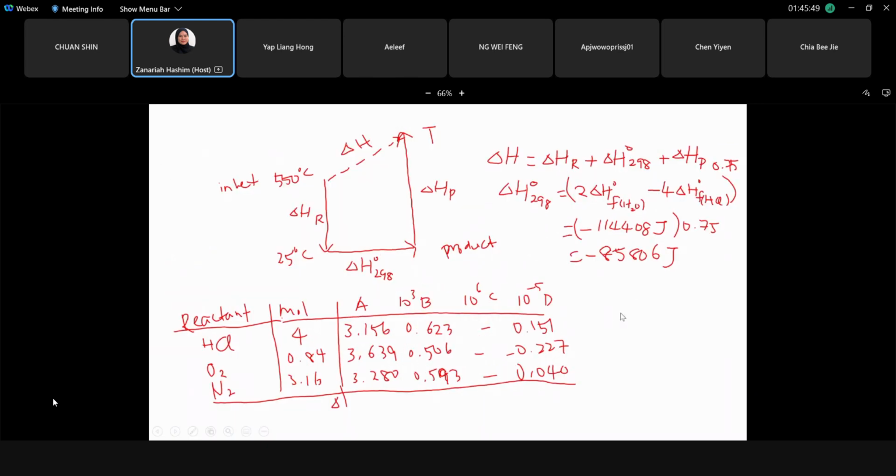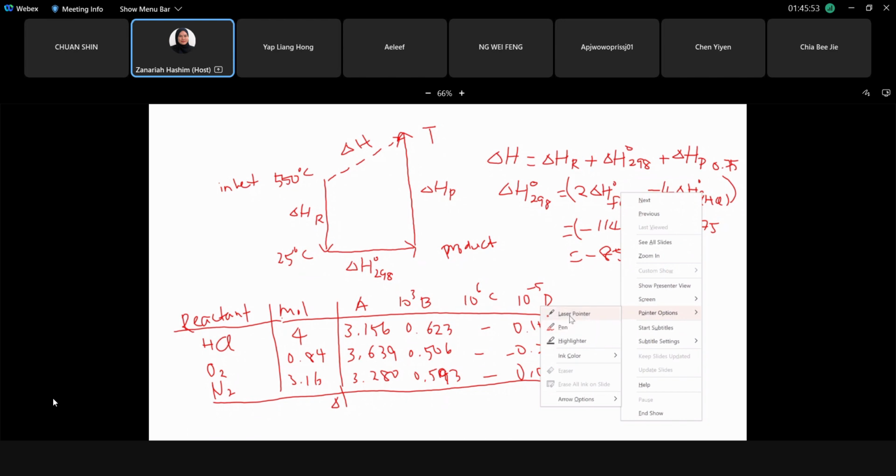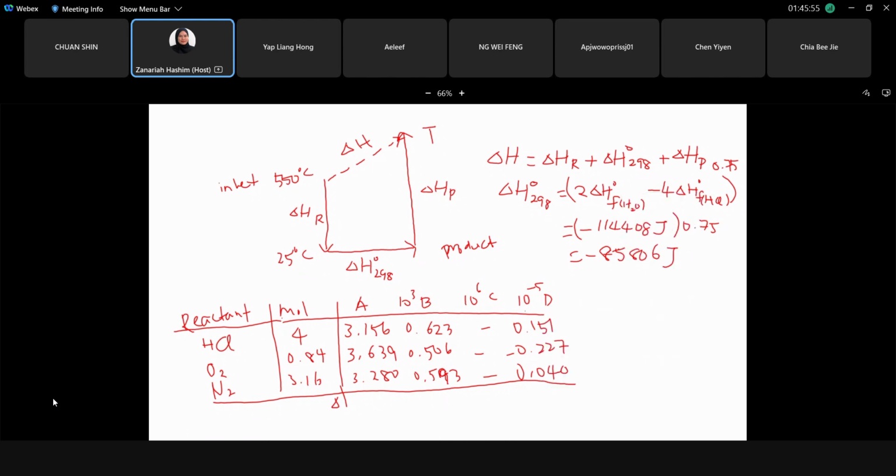Alright, so you calculate delta A, delta B, delta C, delta D. There is no C, so just delta A, B, D. Delta A is 26.0456, this one is 4.7909, and this is 0.5397.